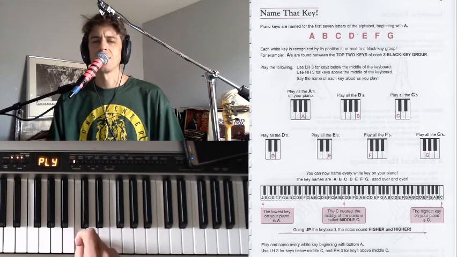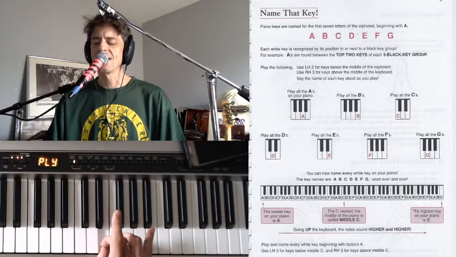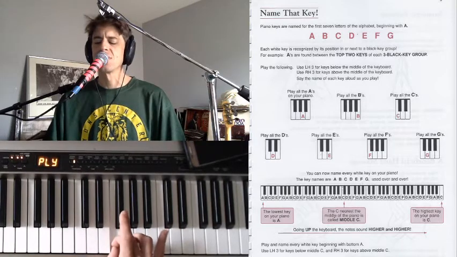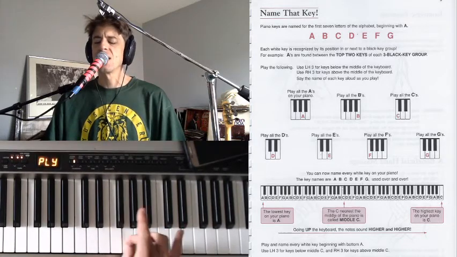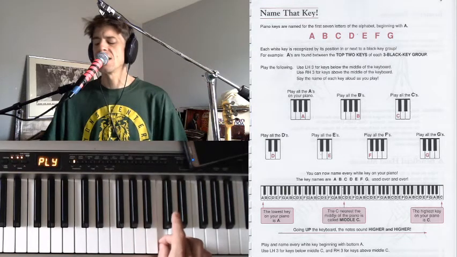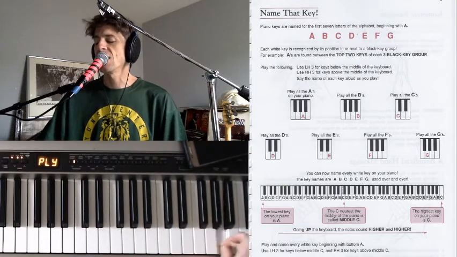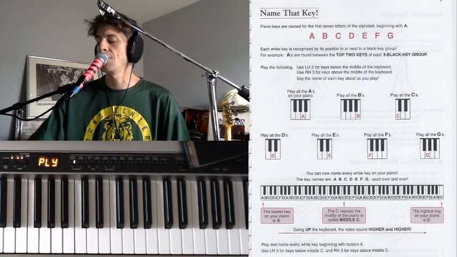Ready? 1, 2, half notes each. C, D, E, F, G, A, B, C. If you want to go faster, D, E, F, G, A, B, C, D, E, F, G, A, B, C.